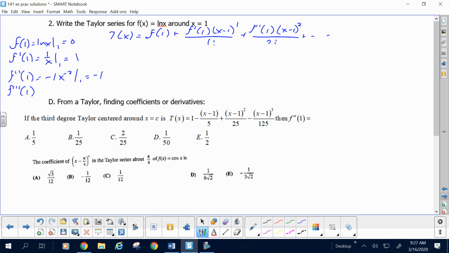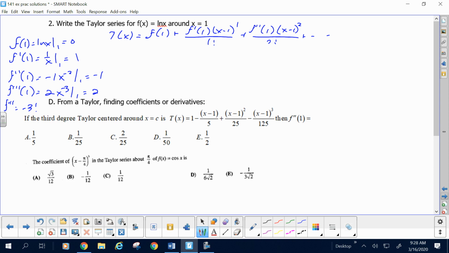F triple prime is positive 2 x to the negative 3 at 1, which is 2. Now I'm starting to see that exponent coming down, next greatest exponent factorial thing. So it seems like f triple prime would be negative 3 factorial, and so on.